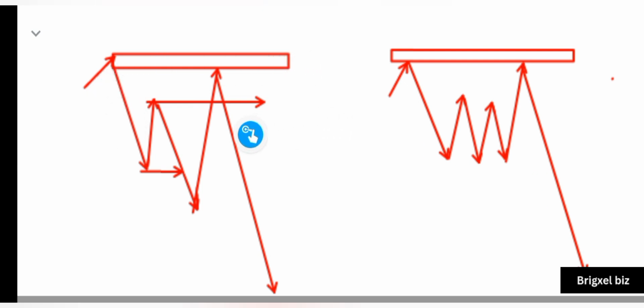But if it is not, I can still enter the market. If it's there, that makes it a plus for the trade. And then of course I would expect a sweep of this liquidity, and then I would expect the market to start rejecting from here. You would have to wait to see the market reject from here before you enter. There are people who don't wait; of course, they just set this up using a limit order.